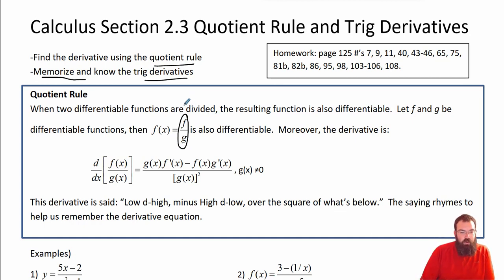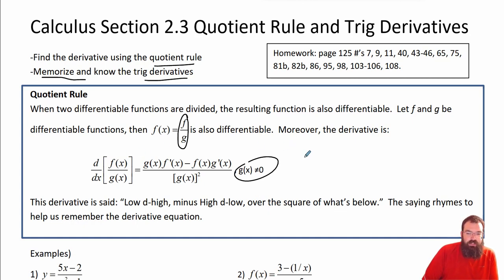So we have d over dx of f of x over g of x, the two functions top over bottom. We do the bottom times the derivative of the top minus the top times the derivative of the bottom, over the original function on the bottom squared, provided g cannot be 0. Okay, it cannot equal 0.